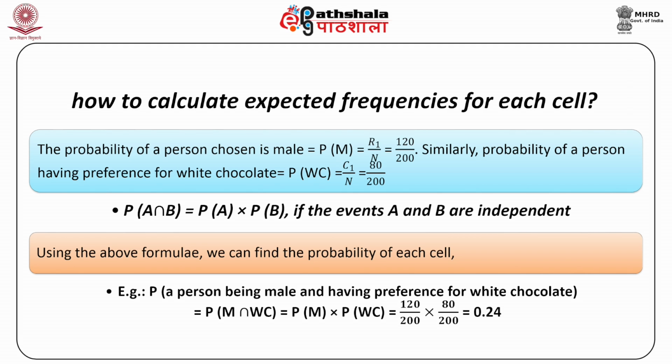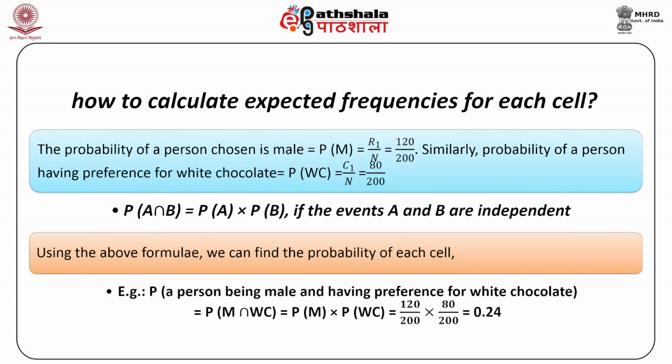Similarly, probability of a person having preference for white chocolate, which we denote as PWC, is equal to C1 by N, and this comes out to be equal to 80 upon 200. Now here, since the marginal probabilities are unknown, we make use of the marginal frequencies available from the sample data.